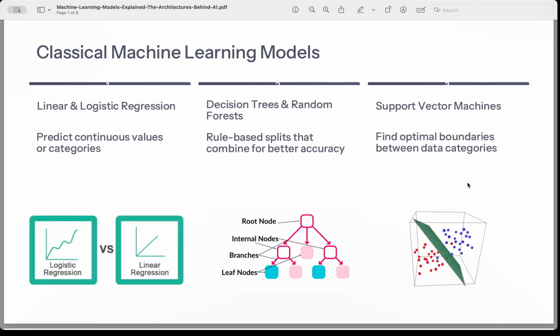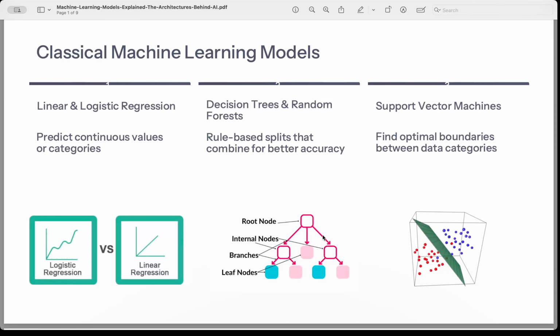And lastly, support vector machines are models that find the best boundary line or hyperplane that separates different categories in your data. So when you have all of your features on different axes and your data points, support vector machines will look into creating a boundary between our different categories.